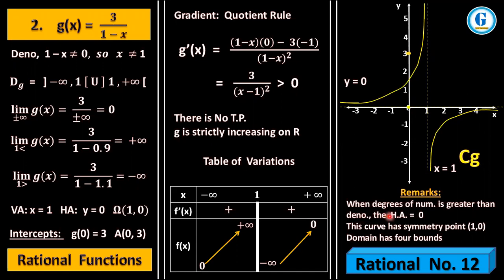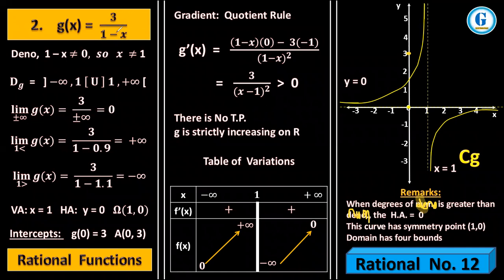When the degree of the denominator is greater than the degree of the numerator, then the horizontal asymptote is equal to 0, just like we have seen here.